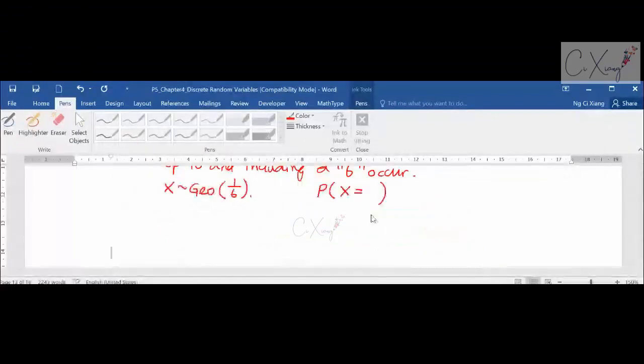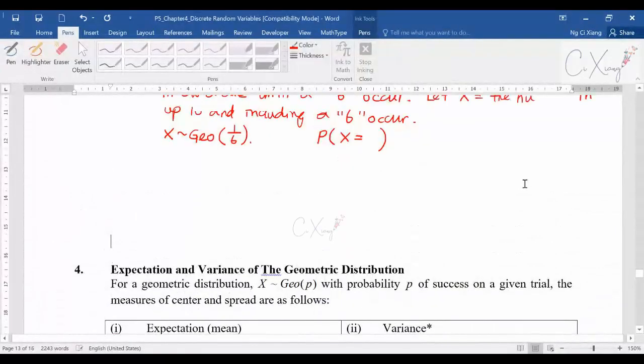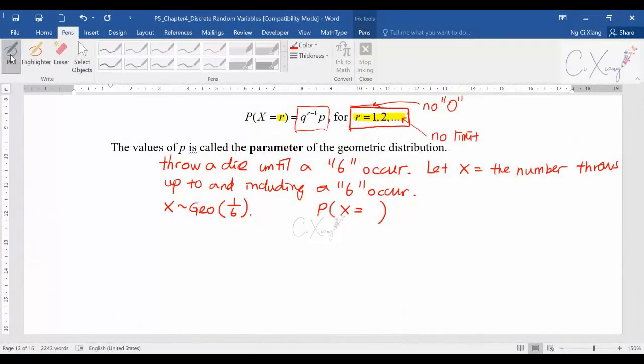Now, if I want the probability X equals 1, that means I throw the die and the first time I'm very lucky, I already get 6. So the probability is 1/6.